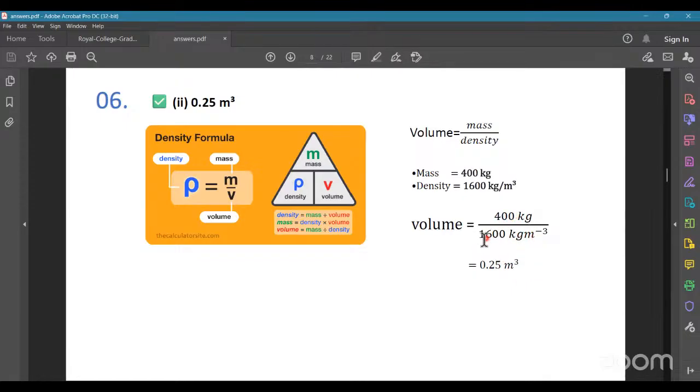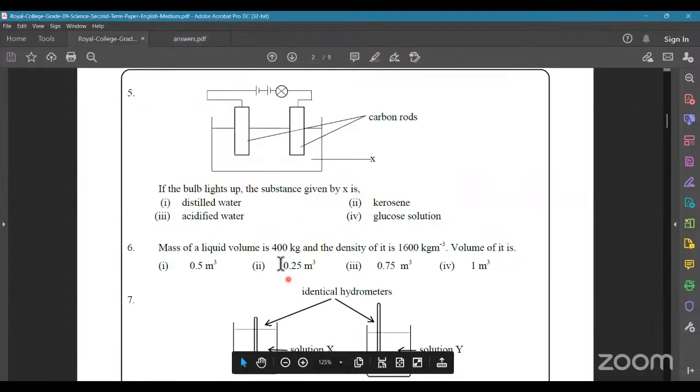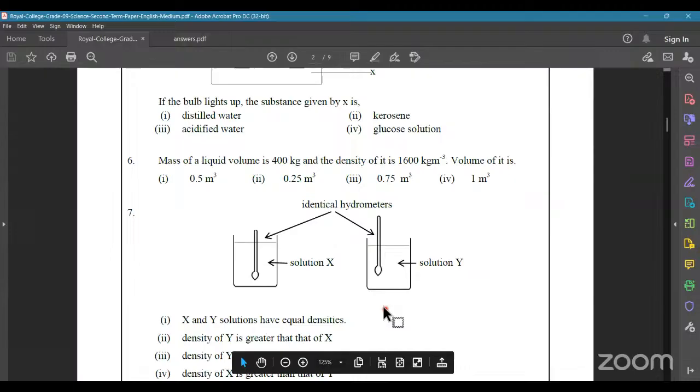So 400 divided by 1600 is 0.25. And always consider the units. This kilogram and this kilogram get cancelled and this cubic meter goes up. So it becomes minus 3 becomes plus 3 since it's division. So the answer is 0.25 cubic meter. So second one is the answer.